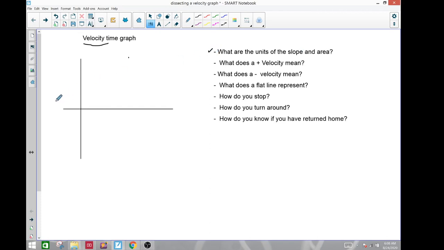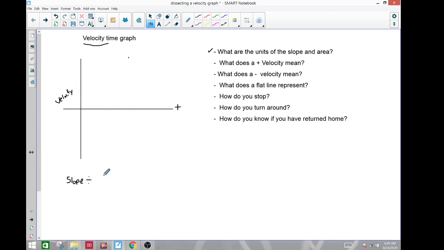So it's velocity on this side, okay, and it's time on this side. So the units in this thing are going to be meters. So the slope, okay, is where we divide the two, x and y.